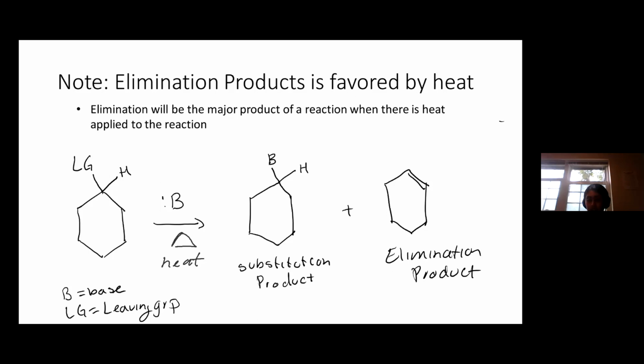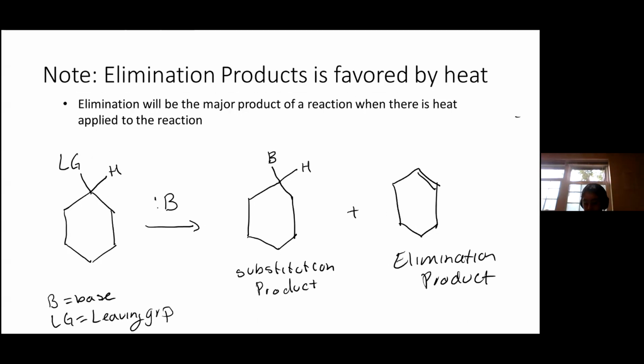So in this case, if there is heat, we can label the elimination product as the major product, and then we can label this as the minor. But for right now, I just wanted to introduce this concept that heat favors elimination products when they are competing. But yeah, are there any questions about anything I have covered so far before I move it on to Jen?